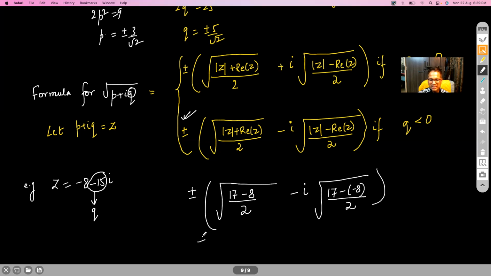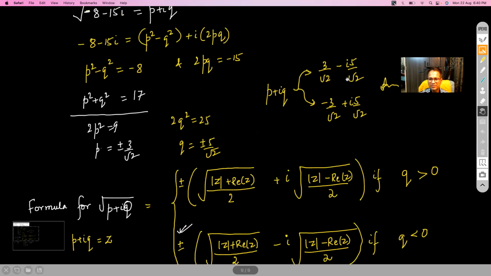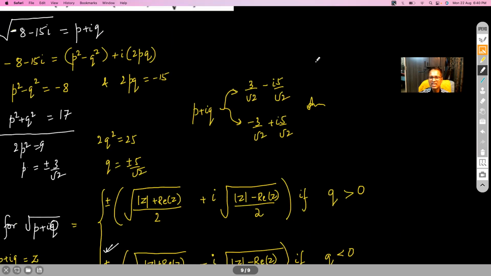This will easily give you the answer as 3 by root 2 minus i 5 by root 2, the same answer that we had got while solving it in a lengthy way. So you can collectively write it as plus minus 3 by root 2 minus i 5 by root 2.